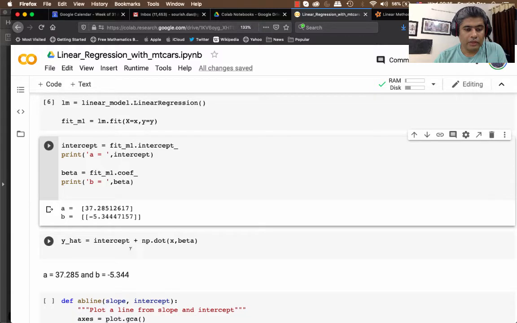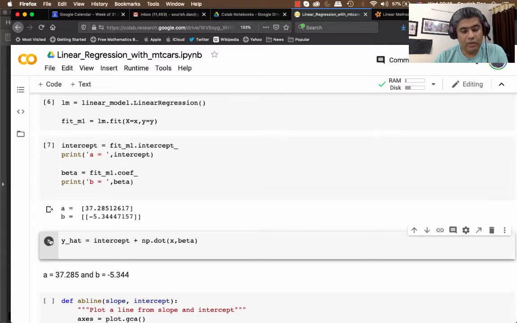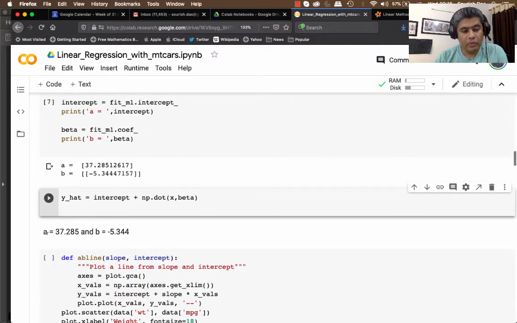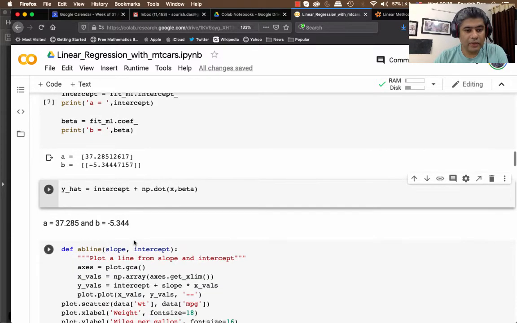Now if I write y hat equal to intercept plus np.dot, a dot product between the x vector and the beta, that will give me all the y hats. We know a equal to 37.285 from here and b equal to negative 5.344. I ran it before, so I just wrote it down here.